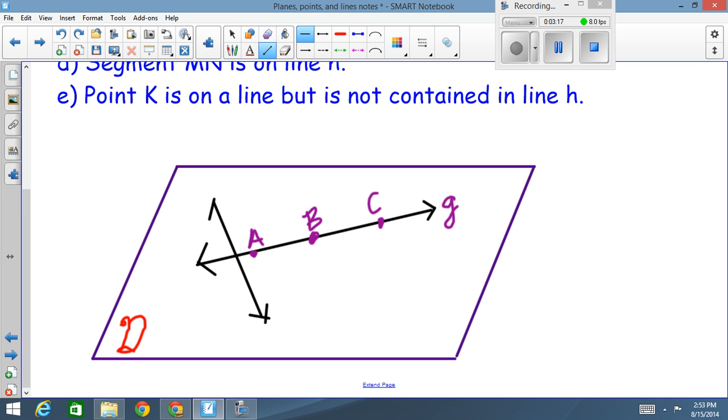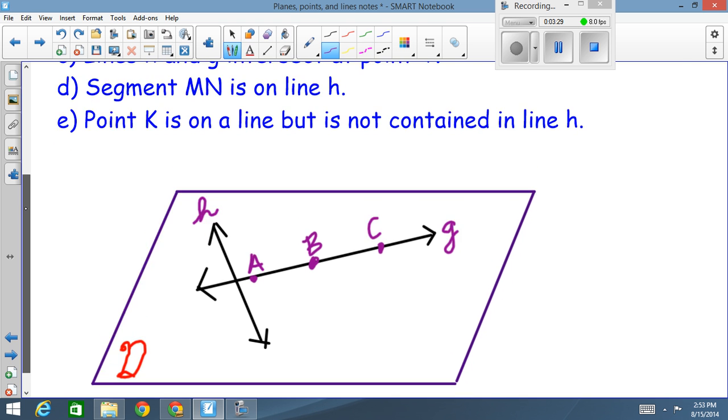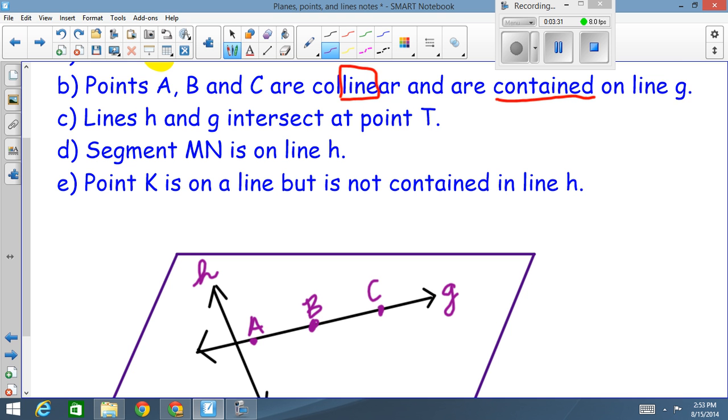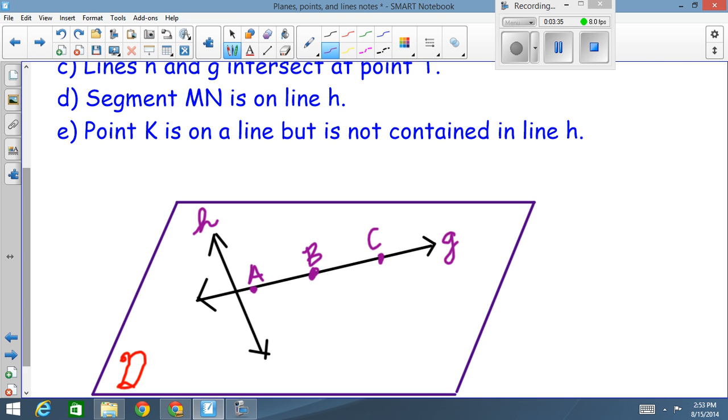And we're going to call this line H, lowercase cursive H. Okay? And the other key was that they said they want these to intersect at point capital T. So you know how to label points. Points are labeled with capital letters. This is the intersection point where the two cross, and we're going to call that capital T.